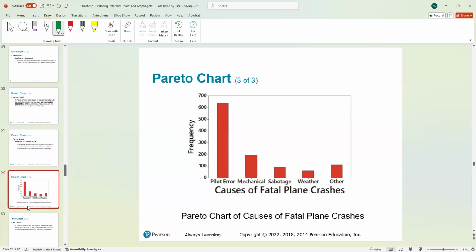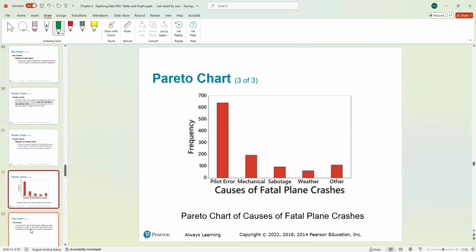That's very important to say. Remember, it represents qualitative or categorical data, so you cannot say you're going to put one first, second, third, fourth, because it's categorical. This example shows causes of fatal plane crashes: pilot error, mechanical, sabotage, weather, or other. So pilot error is the largest cause of fatal plane crashes, right? So that's a Pareto chart displayed.